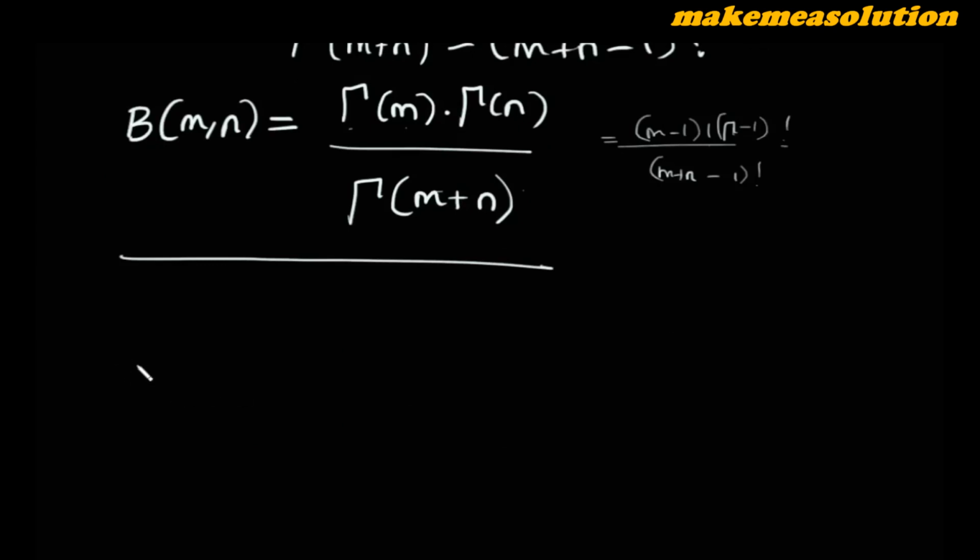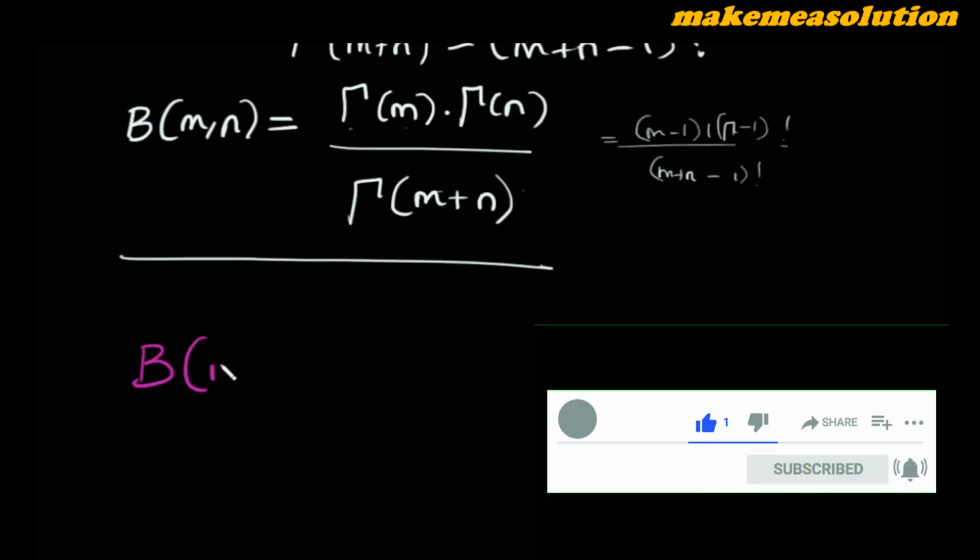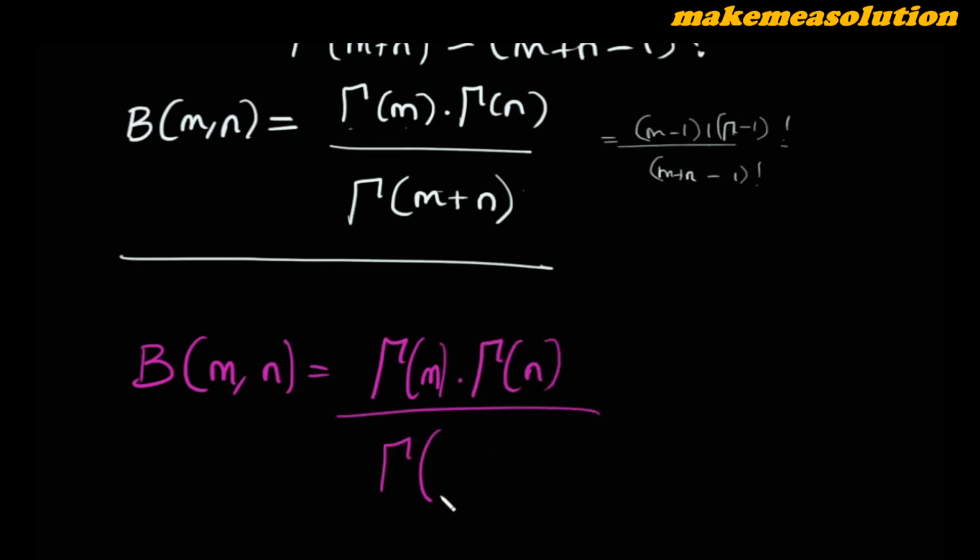In the next series of videos, we are going to dive into the full solutions to problems on gamma and beta function. So beta of m comma n, in summary, is what? Gamma of m times gamma of n divided by gamma of m plus n. And someone can say this is (m minus 1) factorial, (n minus 1) factorial, over (m plus n minus 1) factorial.